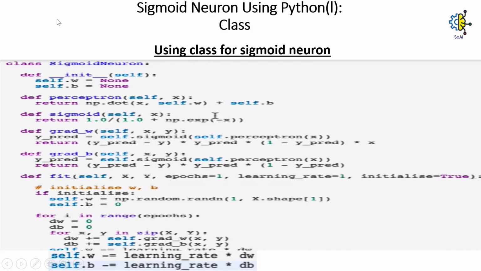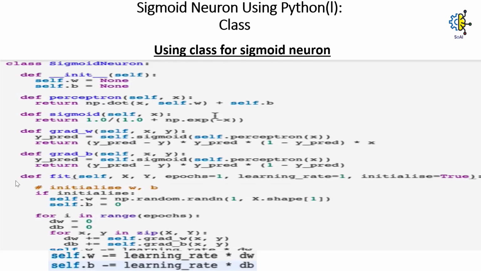Let's understand this. Here is the class with the name SigmoidNeuron, and there are some functions in it. First of all the constructor function, which is the __init__ function with parameter self, and here self.w is equal to None, self.b is equal to None. So initially w and b are equal to None.